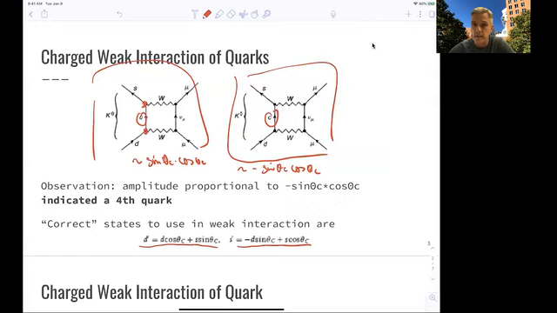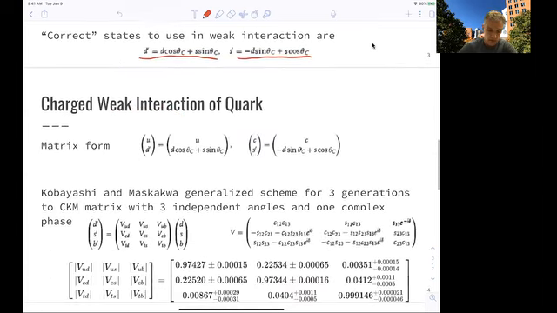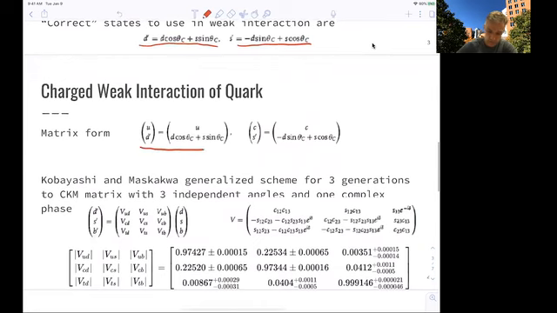So we have to write the weak eigenstate as a linear combination of the mass eigenstates, or vice versa. This can be done in this matrix form here, where we simply multiply the weak eigenstates with a matrix and just basically rotate it into the mass eigenstate.